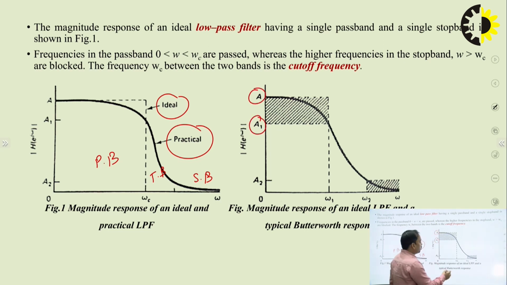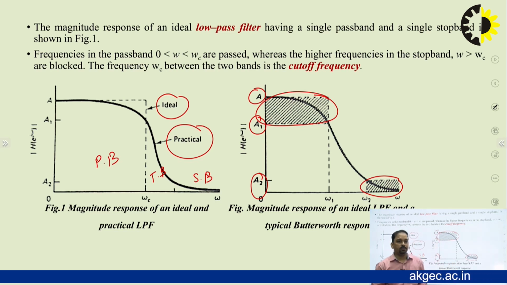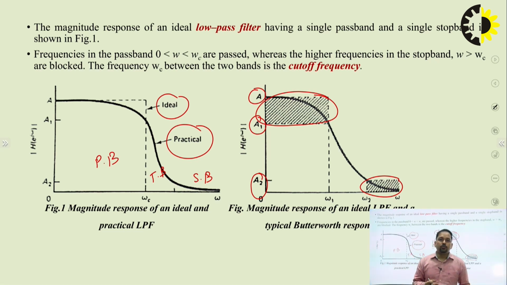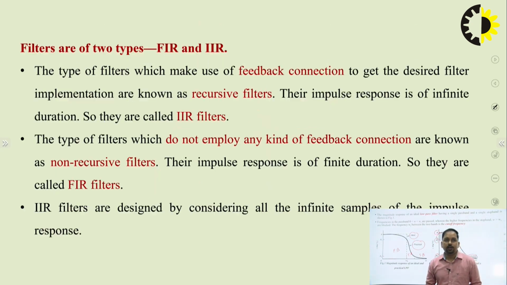Similarly in the stop band also we have the attenuation which is like this. So it is basically the range of attenuation or the amplitude, you can say the magnitude of H(e^{jω}). So we have defined the cutoff frequencies. Cutoff frequency means the frequency at which the gain reduces to 3 dB or it reaches 1/√2 times the maximum value. So that is the corresponding definition for the cutoff frequency of a filter.